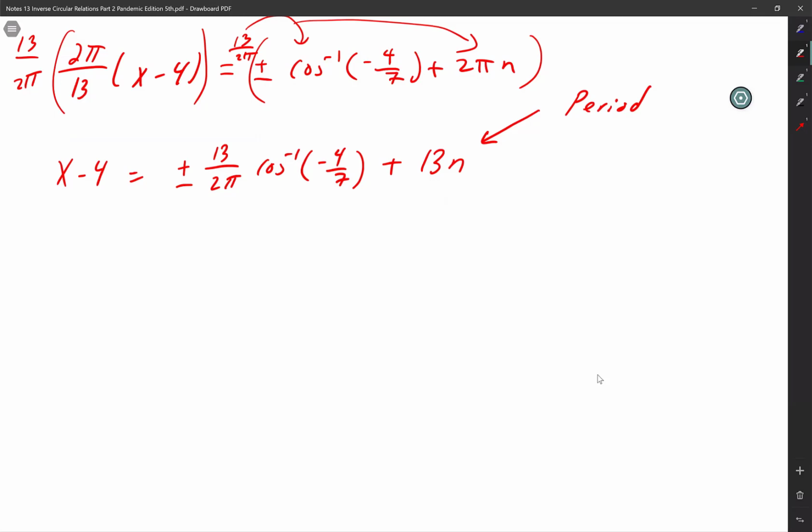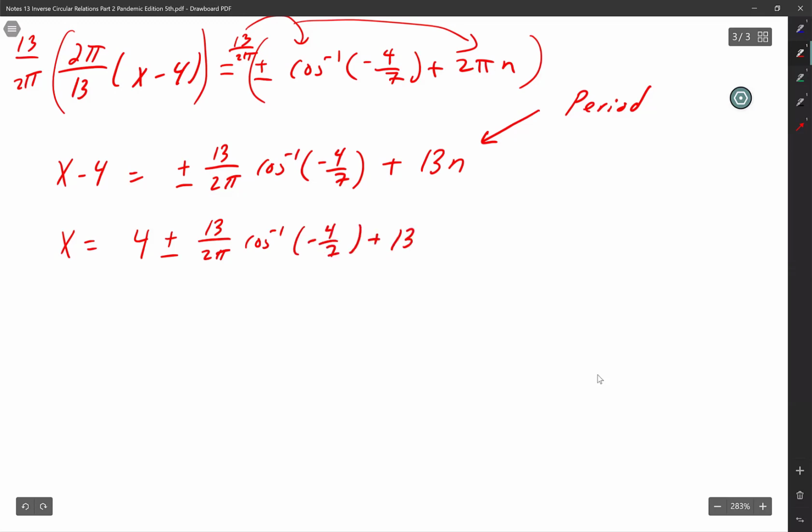It was because they had a habit of writing plus 4 at the end, and they were messing up with the number big time. I did this one correction, and after this one correction, 100% got it right all the time. So we never mess up. Write the 4 in the very front. 4 plus minus 13 over 2 pi, arc cosine, negative 4/7, plus 13n. Okay, go ahead and write it, guys.